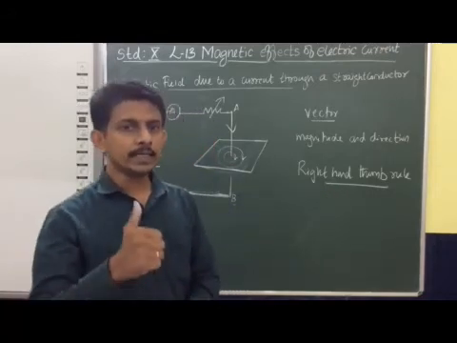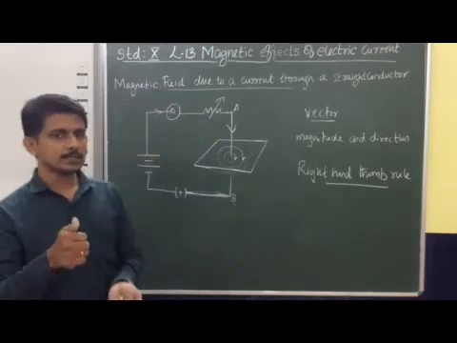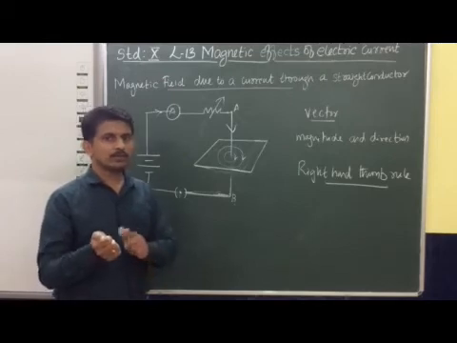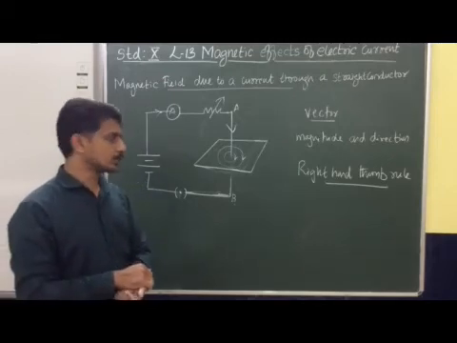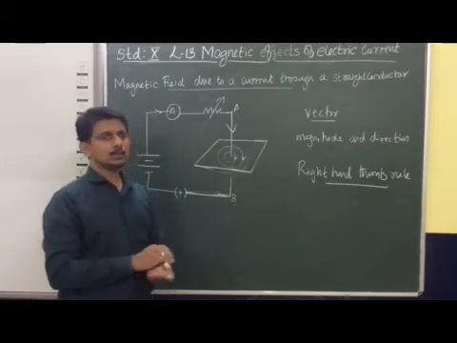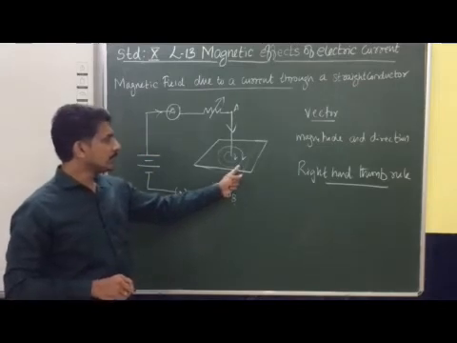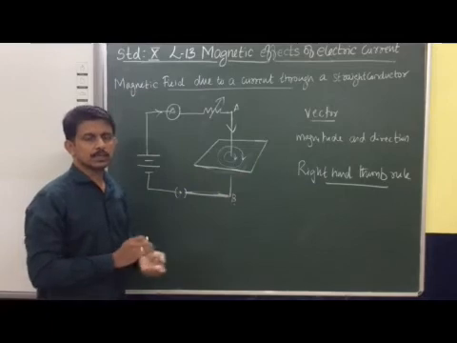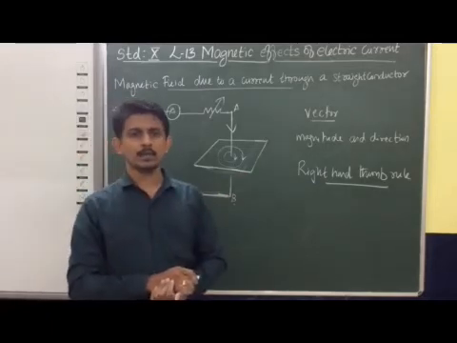If you are holding the current carrying conductor in your right hand, in which the thumb is showing the direction of current flow, then the fingers will show the direction of magnetic field. This is how we determine the direction of the magnetic field lines in the case of a long straight conductor carrying current.